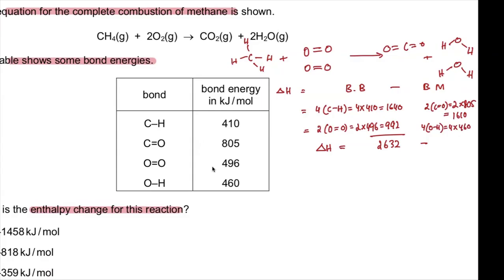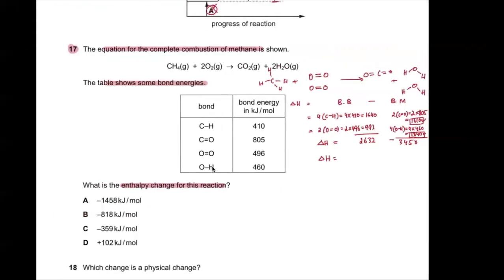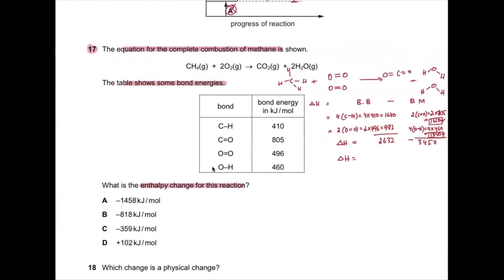Can anyone multiply these two? 1840. So you have to add these two, 1610 and 1840. 3450. We will just subtract these two values. 2632 minus 3450, minus 818.